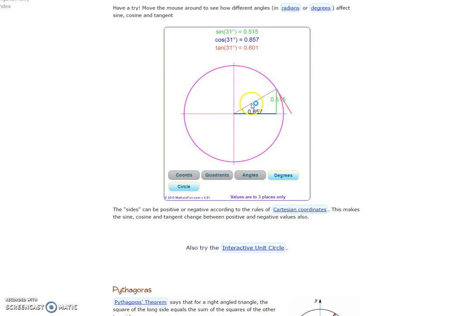For example, you could go over 30 degrees and see that sine 30 degrees is 0.5, cos 30 degrees is 0.866. The y value is shown as 0.5 on the green line, and the x value on the blue line says 0.866. So if you ever need help calculating these values, you can use this unit circle or any other interactive unit circle that you might find on the internet.